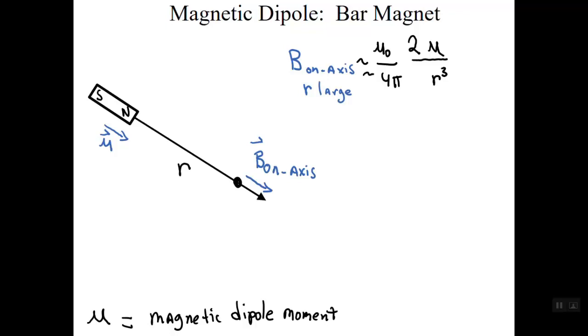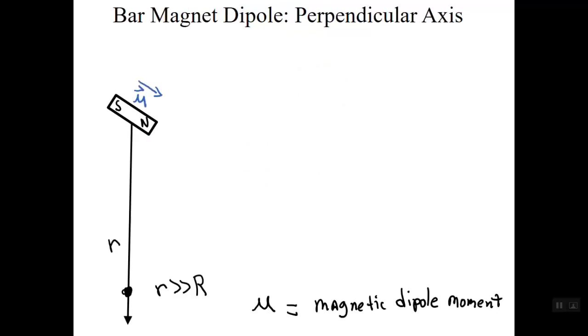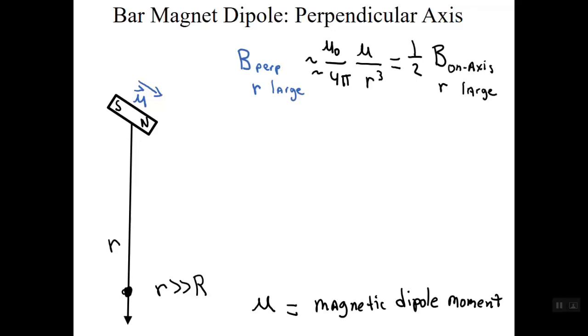Similarly, for axes perpendicular to the vector mu for the bar magnet, the magnitude of the bar magnet's field on this axis is given by the same expression we found for the current loop. And the direction of the field on a perpendicular axis is pointed opposite to vector mu, just like the current loop.